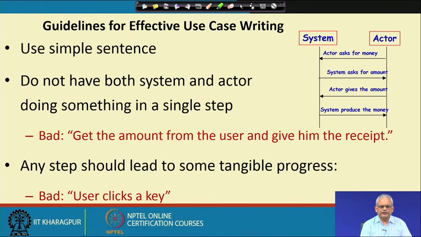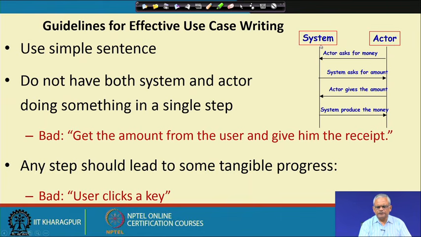Let us see some guidelines for writing effective use cases. The use case is a document to be read by a large number of stakeholders, and therefore, it should be very readable. We have to use simple sentences, and we must document the actor action and the system action separately, because as you can see here, the system and the actor, their actions alternate.